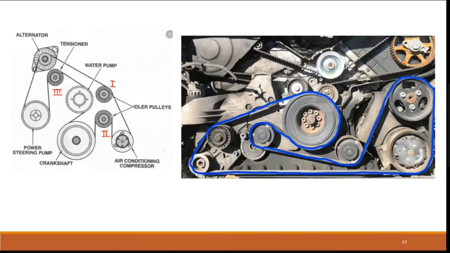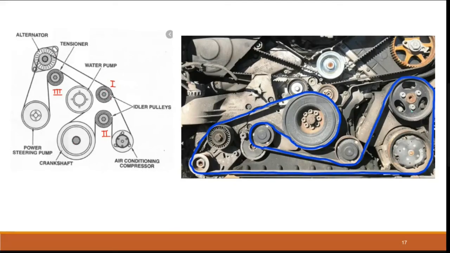Tensioner is also an idler to increase the contact. Then it is also connected to a power steering pump. Of course, you know the application of this, right? It is a hydraulic pump used for power steering. It is also connected to an alternator, to produce electricity based on this crankshaft rotation.